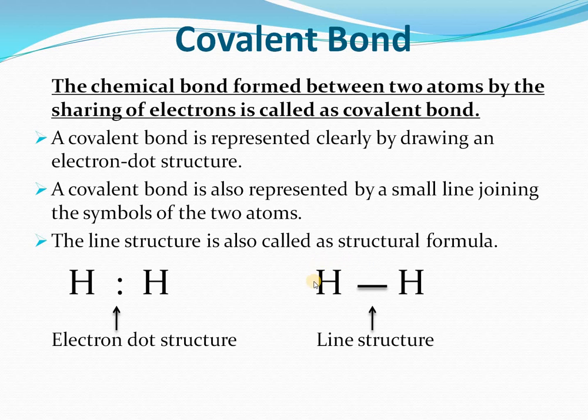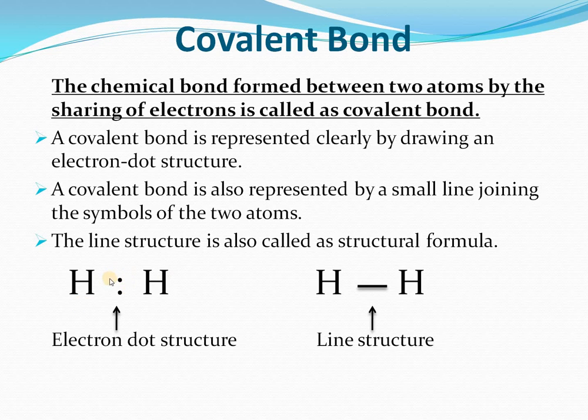Now, in this example, you can see that these two hydrogen atoms are interconnected by this single horizontal line. This single horizontal line indicates a covalent bond between two hydrogen atoms. This line structure is also called a structural formula, and this structure is called an electron dot structure.